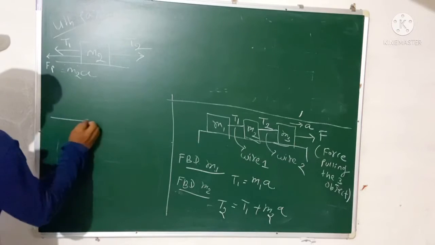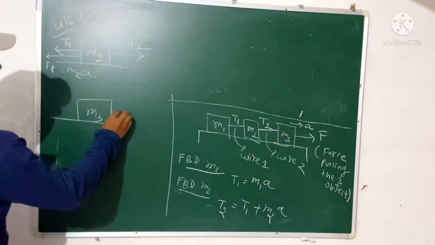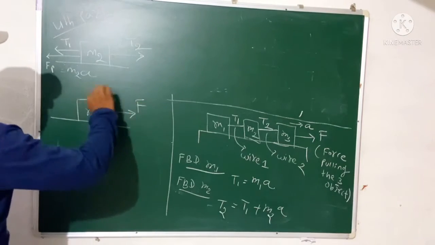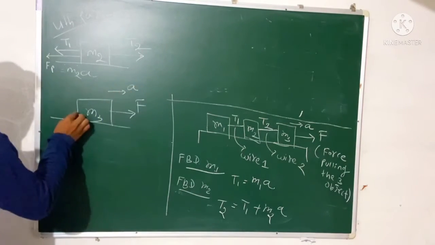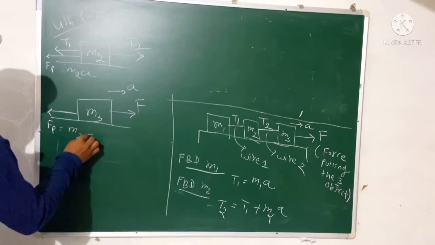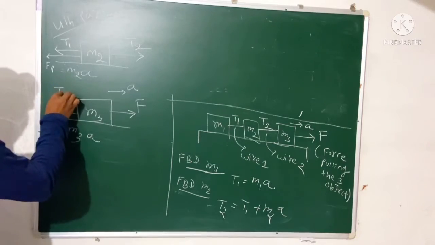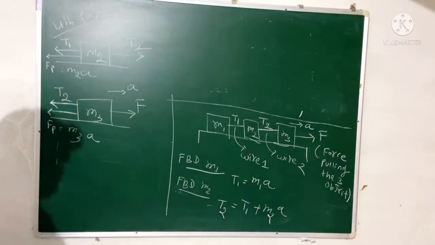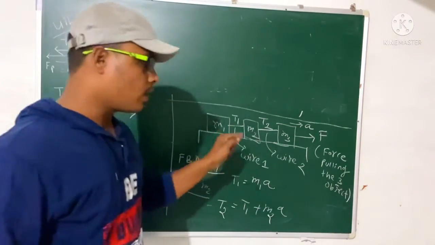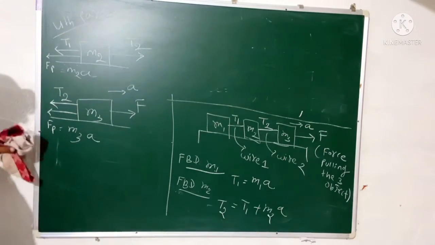Now what will happen in the M3 case? So in the M3 case, the force is pulled by you. Again, the acceleration is there. So there will be a pseudo force, the FP, that is M3A, right? And again, M3 is connected to M2 by the tension T2, correct? So the tension will be there, that is T2, okay?